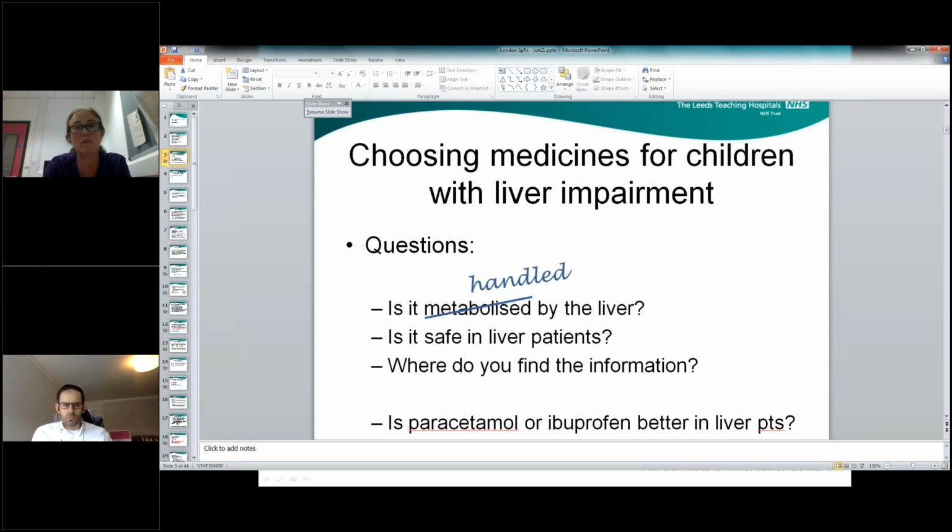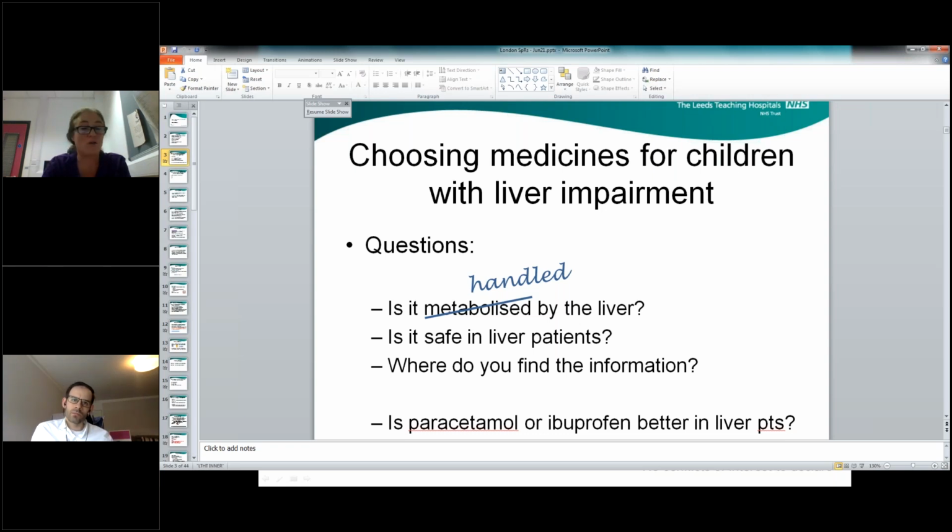So we're just going to talk a little bit about the pharmacokinetics and those aspects of drug handling and what liver impairment can affect. Another thing that's important actually is if the drug is safe to use in a liver patient. And there's lots of situations where you might think it's handled well, it's not metabolized by the liver, but actually it's not safe to use, maybe because it causes bleeding or some other side effect that could be harmful.